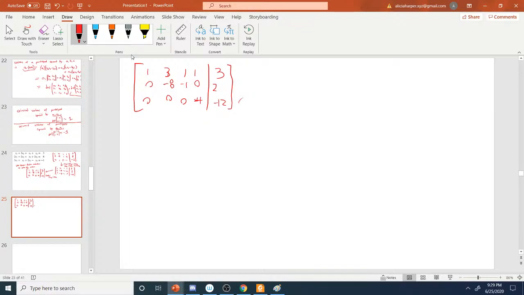So the things I'm going to do is I'm going to set row 3 to be equal to, I'm going to divide all of row 3 by -4. And I'm going to divide all of row 2 using the row scaling and dividing by -8.